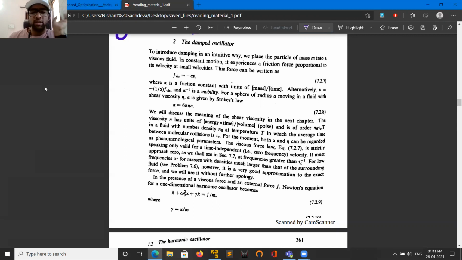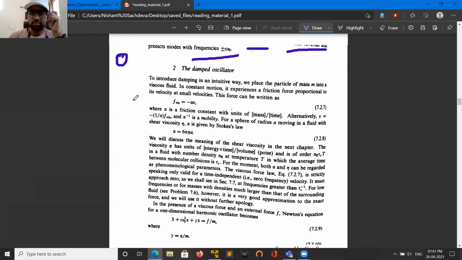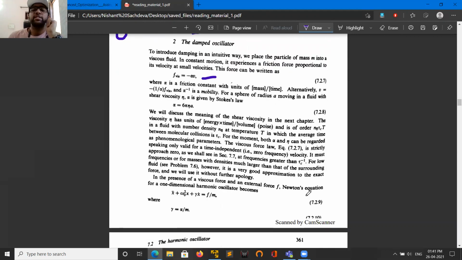For the moment, both alpha and eta can be regarded as phenomenological factors. The viscous force law is strictly speaking only valid for a time-independent velocity, zero frequency.